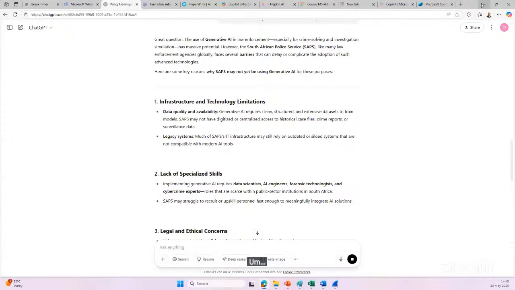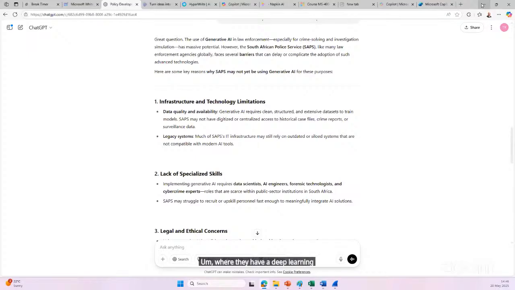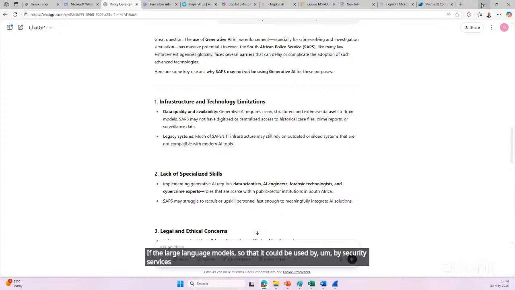If I were to speculate personally, in London, every square meter is basically covered from five different angles by cameras, and all of this data is fed into a central repository where they have multiple deep learning algorithms extracting it into large language models so that it can be used by security services and police services.